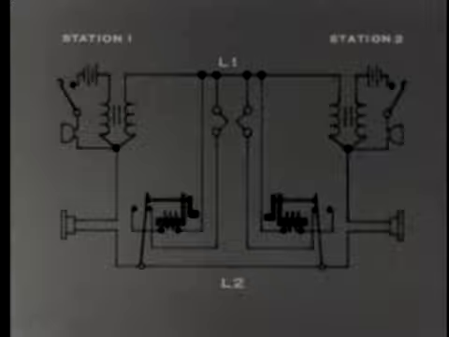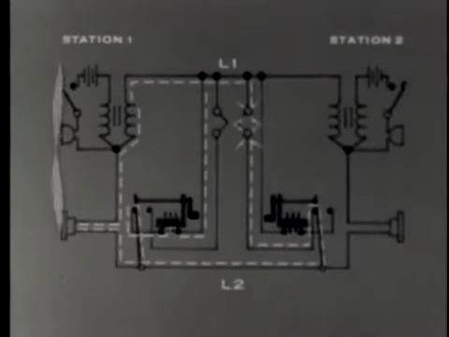But there is something missing in this circuit, because when station 2 rings station 1, the current in our receiver circuit overloads the receiver. The same thing occurs when station 1 signals station 2.